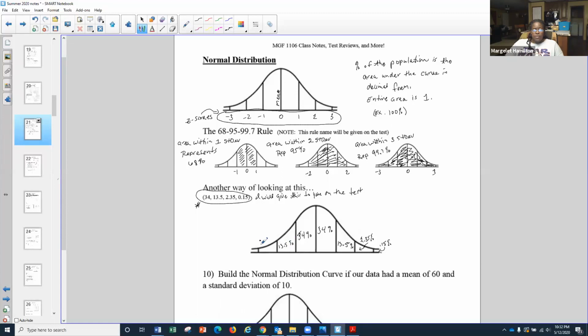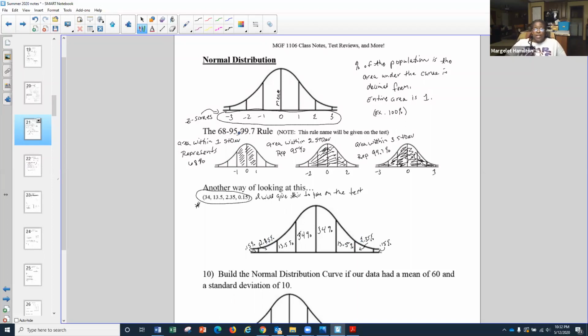This is our 2.35. Okay, right here. And this is our 0.15. Right here. So these are all the areas broken down underneath the curve and their percentages. When we add all these up, that's your 100%.